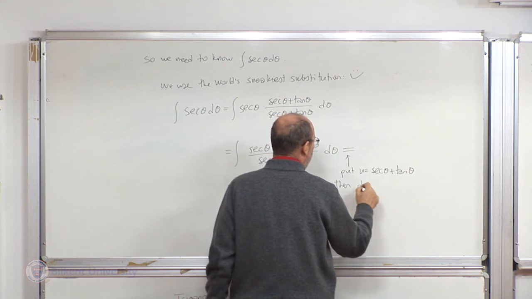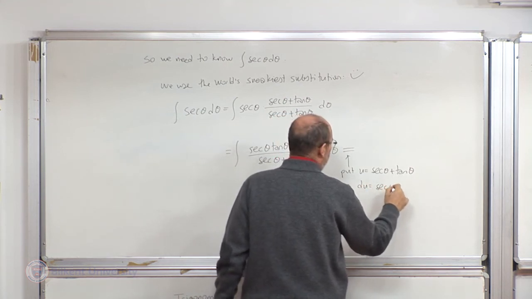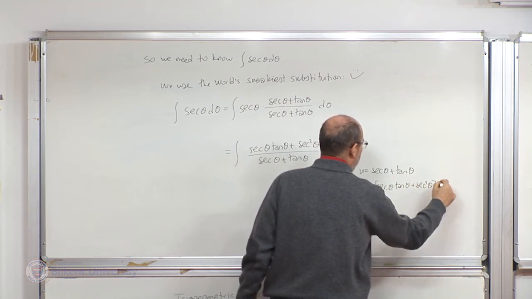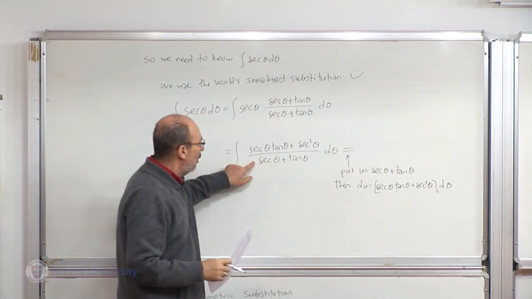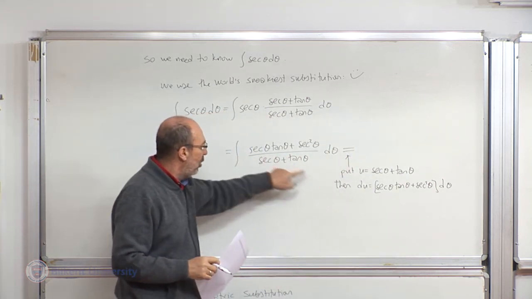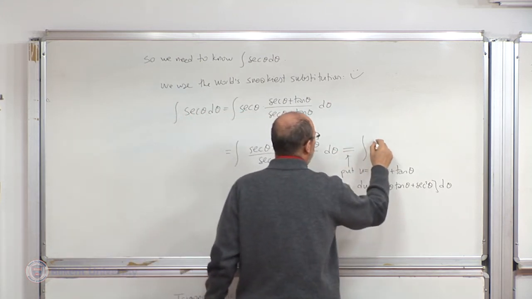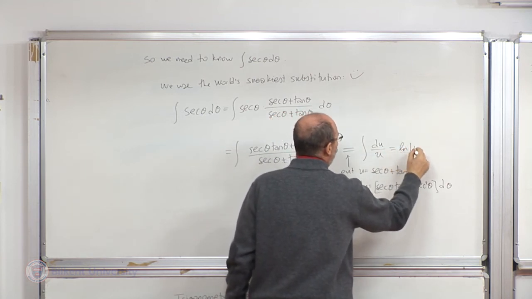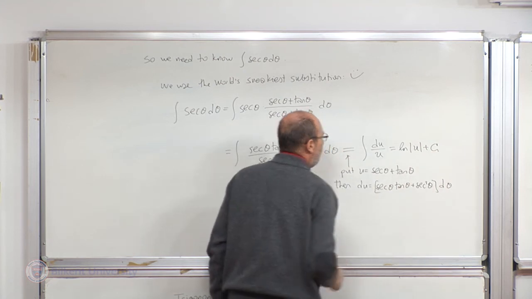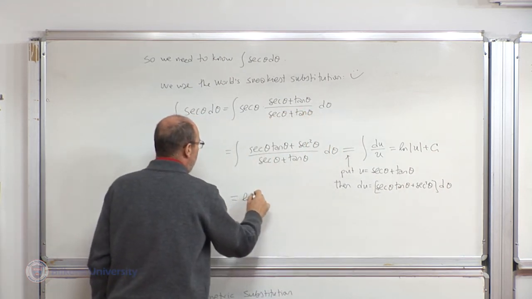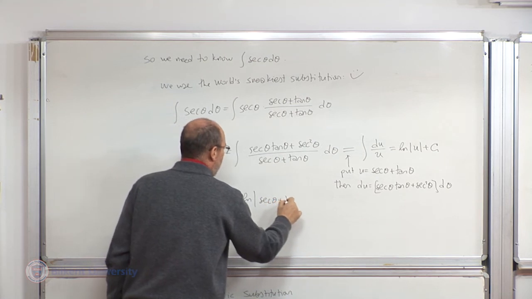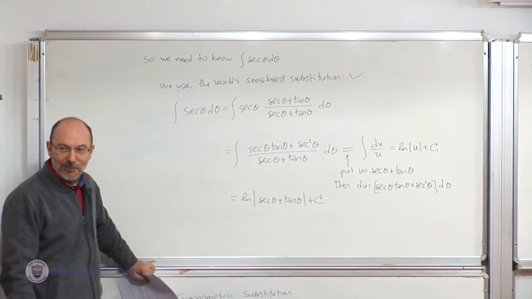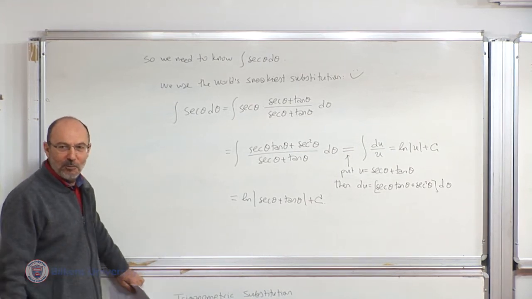Then miraculously du is secant theta tangent theta plus secant square theta d theta, which is what you have in the numerator. So the integral becomes du over u, and this is equal to ln absolute value of u plus c. So the answer is ln absolute value of secant theta plus tangent theta plus c.